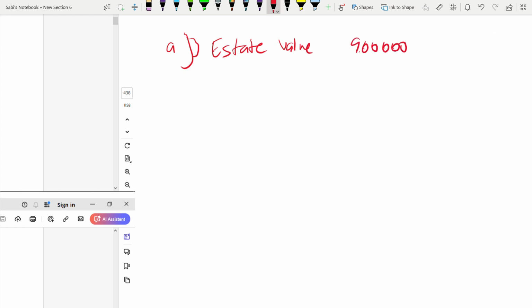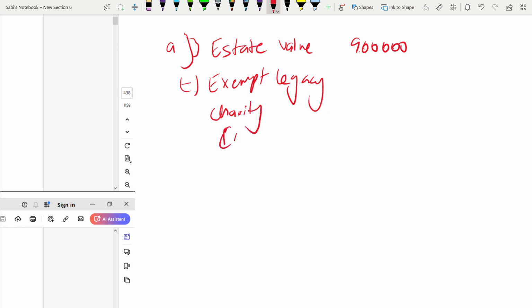Then you deduct your exempt legacies. You don't have to deduct any debt or anything like that, because they have calculated the estate value and given it to you. So exempt legacies are two. One is charity, one is to the civil partner. But remember, for the civil partner they didn't give the value. It's a balancing figure.